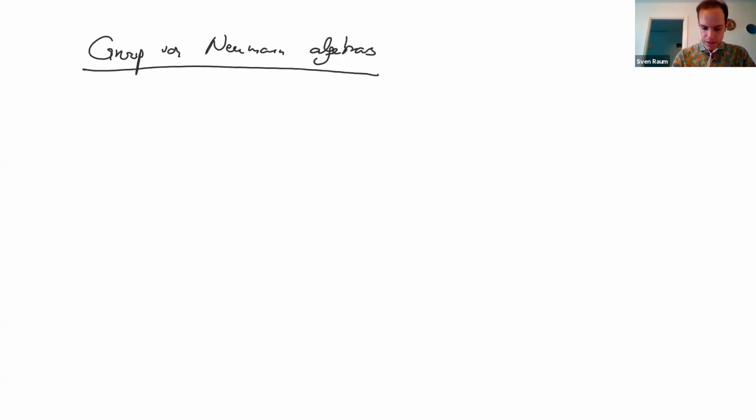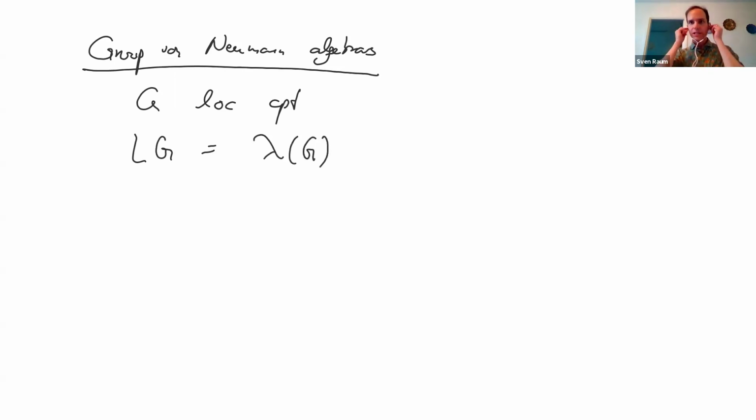So the group von Neumann algebra for a locally compact group is simply this: we take the left regular representation, and then with prime, I will define this formally in a second, I mean all operators that commute with this whole set. So if I just put the prime here, this would mean the algebra of intertwiners, right?